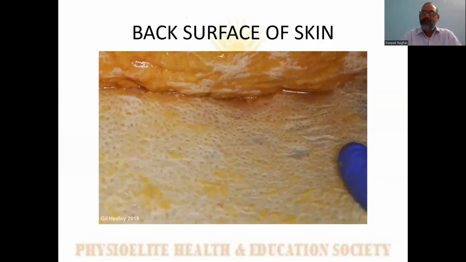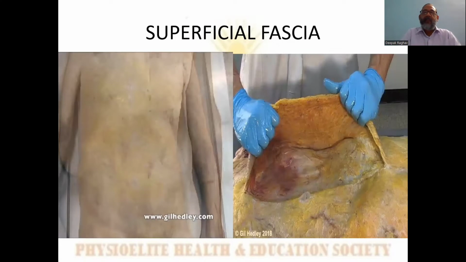This is the back surface of the skin. The next structure after removing the skin is the superficial fascia. It is a thick structure, much thicker than the skin. Most people don't recognize what the superficial fascia is. It is yellow in color, as you saw.